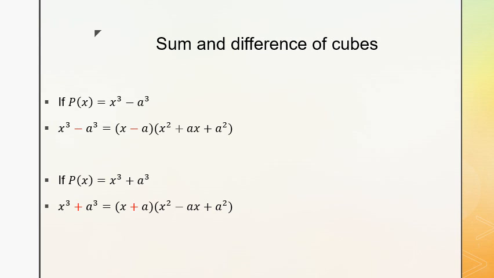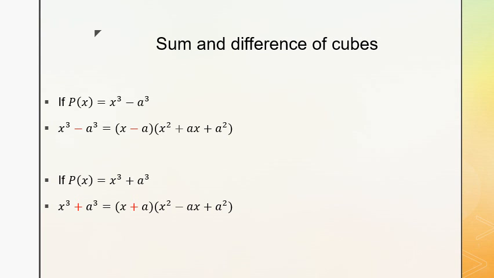Okay, so if it is the difference of two cubes, we have x cubed minus a cubed. We can write this as x minus a multiplied by x squared plus ax plus a squared. If P(x) is equal to x cubed plus a cubed, we can factorize it by doing x plus a, x squared minus ax plus a squared.